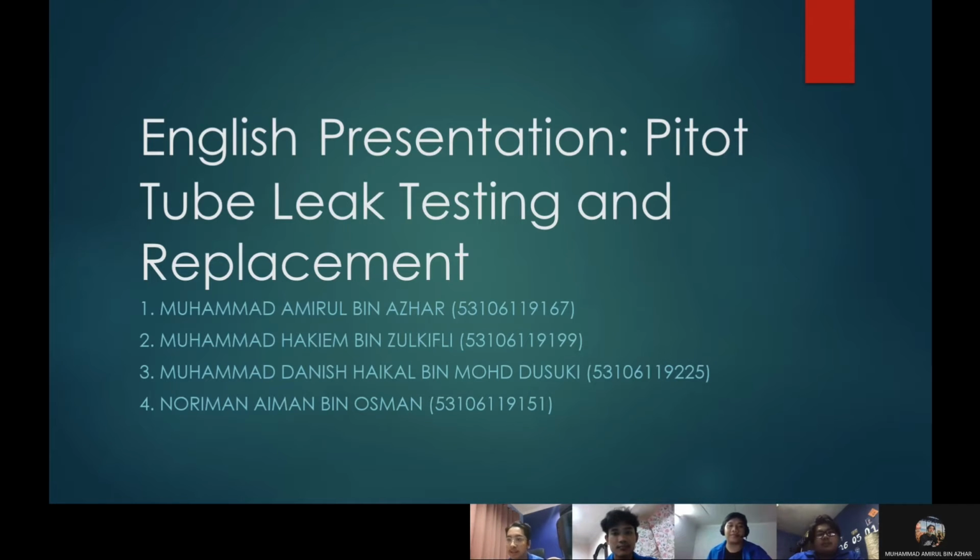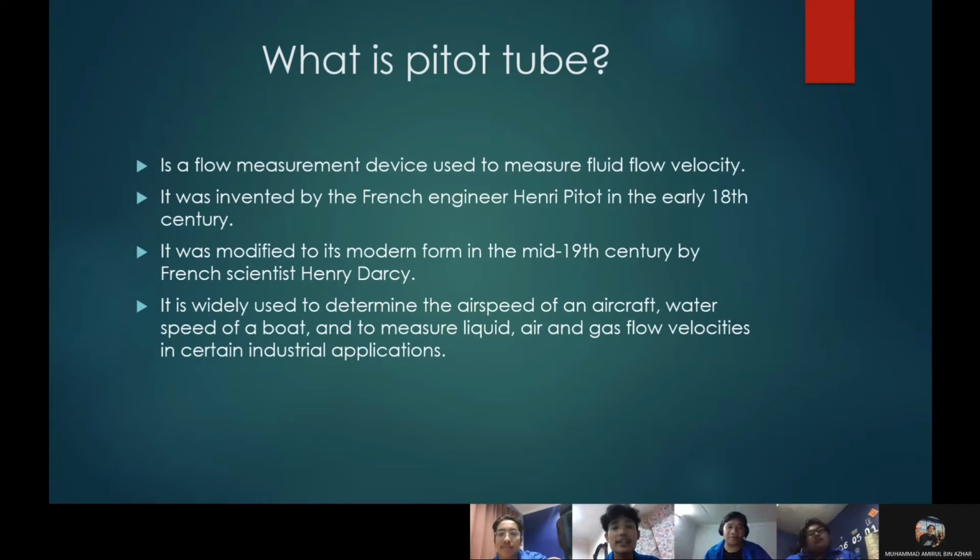Right, straight to it. Okay, what is Pitot tube? Pitot tube is a flow measurement device used to measure fluid flow velocity. It was invented by the French engineer Henri Pitot in the early 18th century. It was modified to its modern form in the middle 19th century by French scientist Henri Darcy.